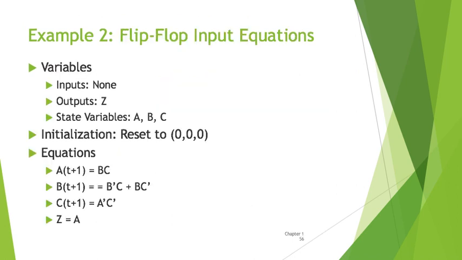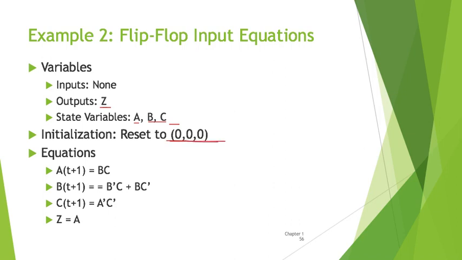So here we say: how many variables? We do not have input, we have one output Z, and we have states, 3 different states. For the initialization, as we said in the first video, I must have an initial input.